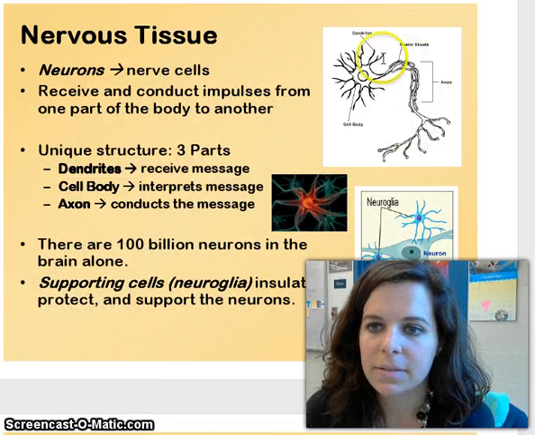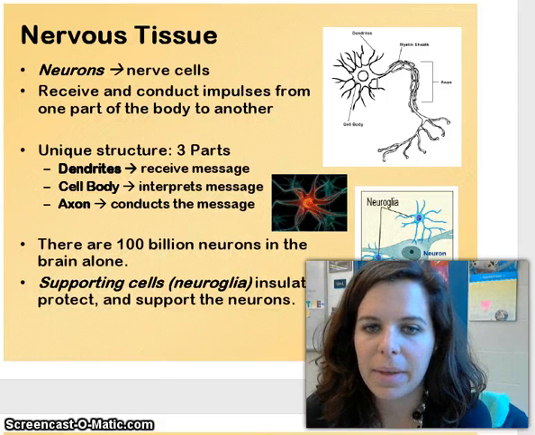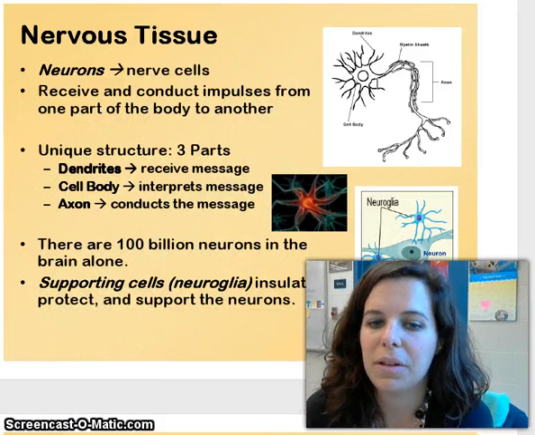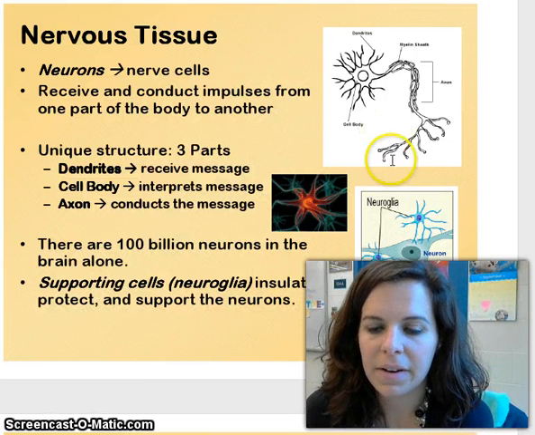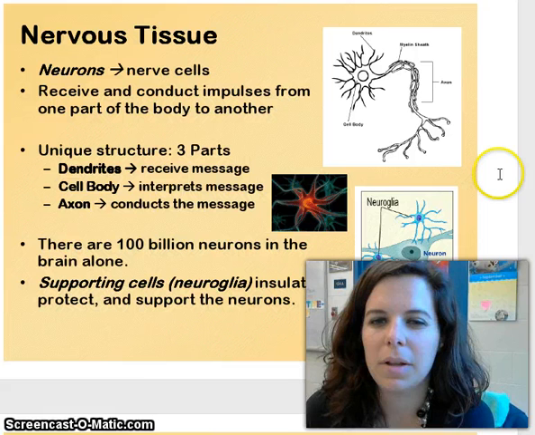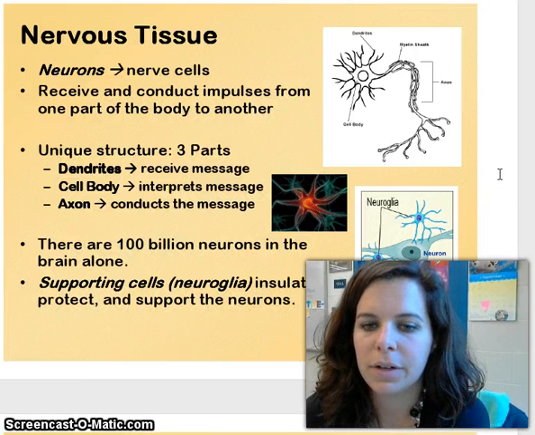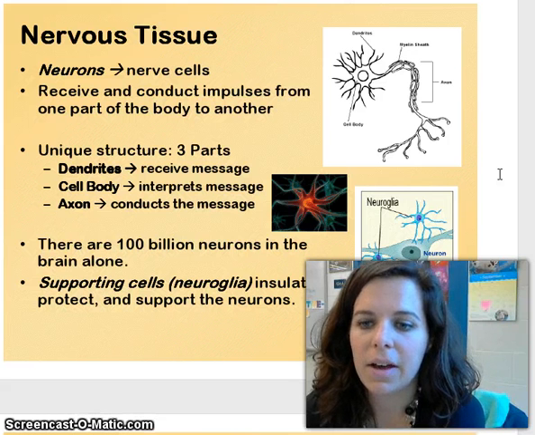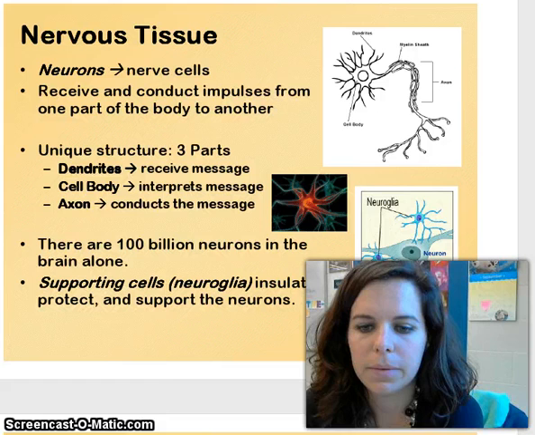And we'll go more into the nerve cell when we get to the nervous system. And there are 100 billion neurons in the brain alone, so you have tons and tons of nerve cells. And then there's some supporting cells that also go along with the neurons, and they're called neuroglia, and they serve to protect and support the neurons in their role in the body.